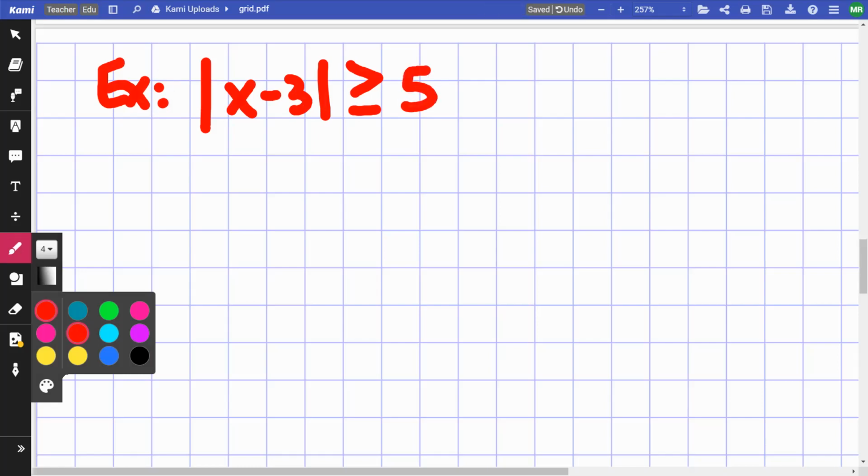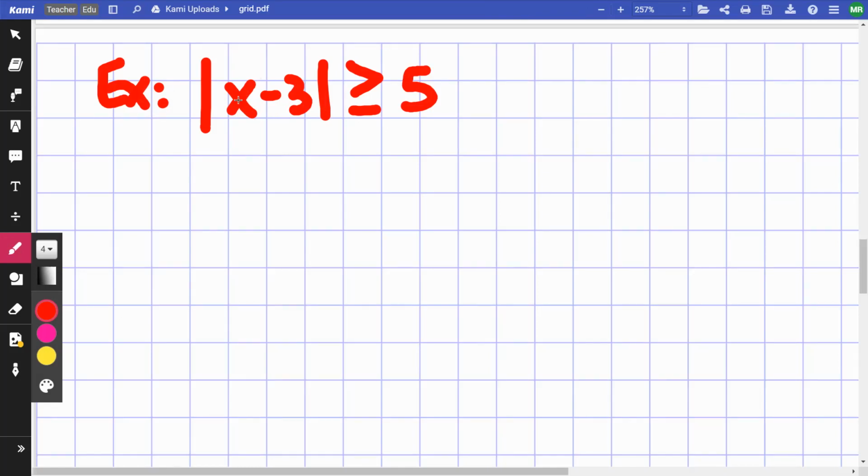So when we're doing this, we want to figure out what makes it 5. And remember, for absolute values, I get 2 answers. The absolute value of 5 is 5, and the absolute value of -5 is 5. So this x minus 3 could have been a 5, or this x minus 3 could have been a -5.